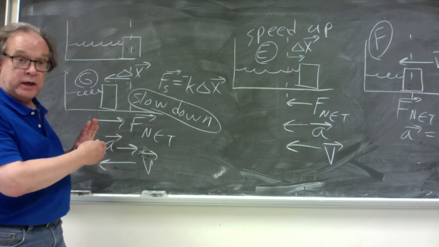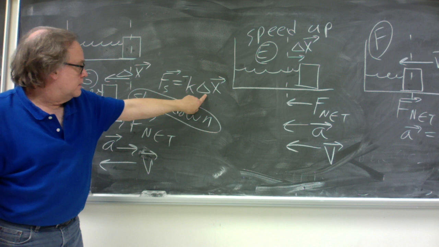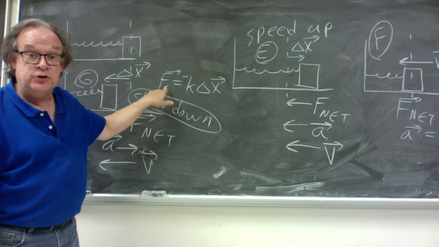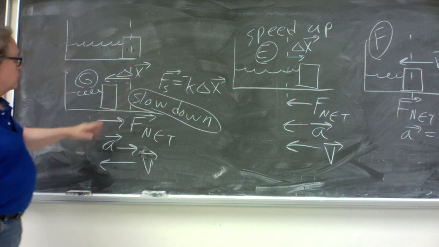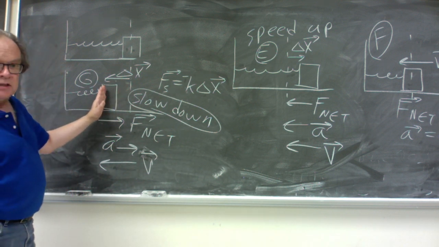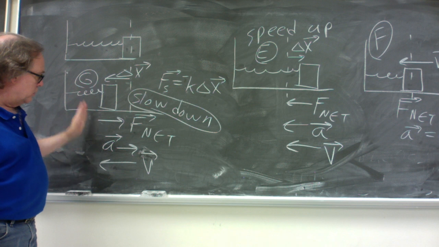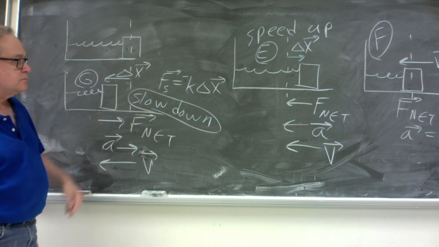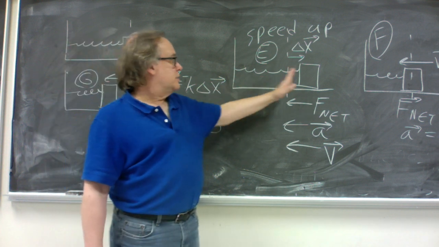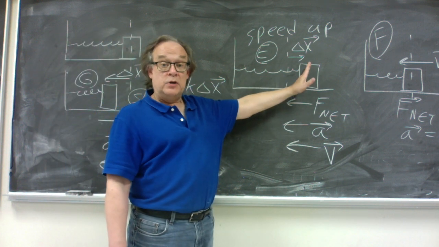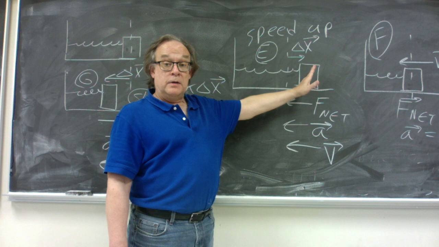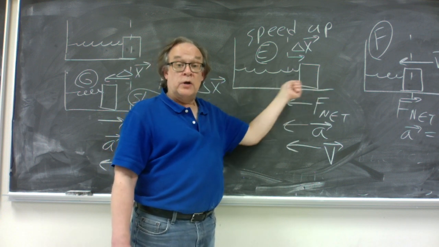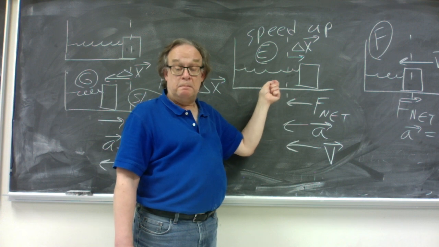If the mass gets away from equilibrium, then there's a displacement away from equilibrium, and the force is always going to act to push it back. For instance, here, the mass is to the left of equilibrium, but the force is trying to push it to the right to get it back to equilibrium. Or here, the mass is to the right of equilibrium, so the restoring force will be pulling to the left to try to get it back to equilibrium.